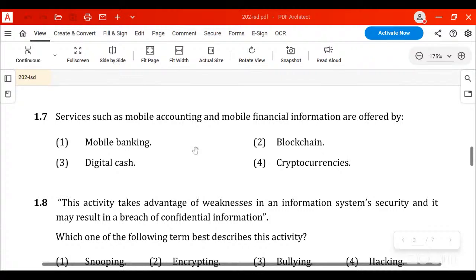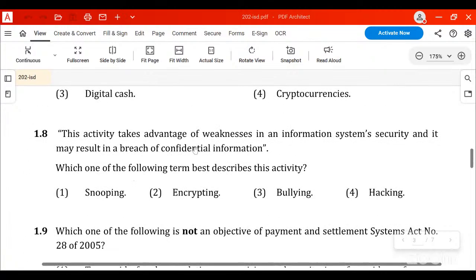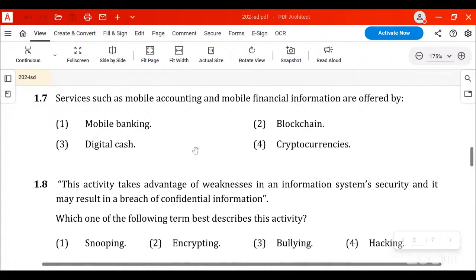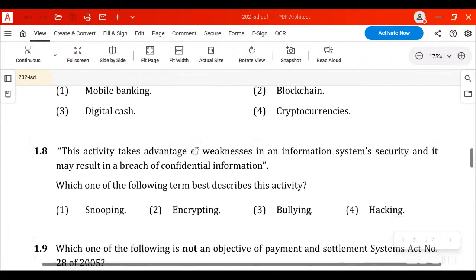Blockchain is a shared ledger. Digital cash is digital form of cash. Cryptocurrencies are another, modern form of money. Then the correct answer is mobile banking, which offers accounting and financial information.